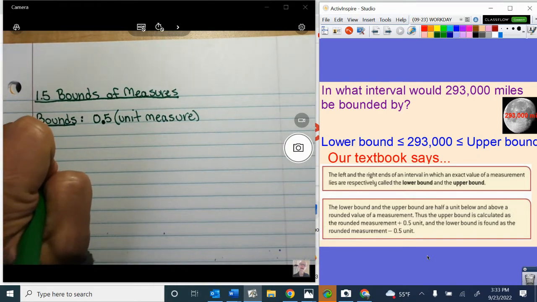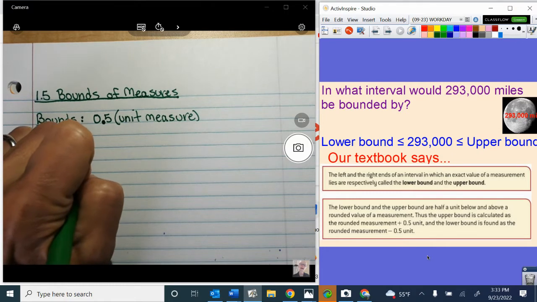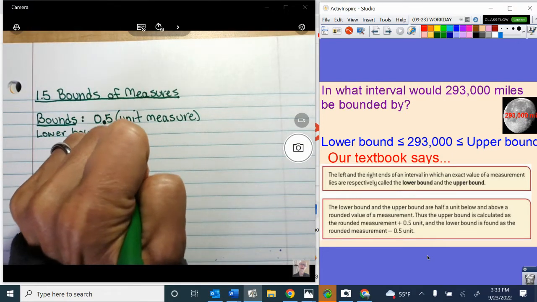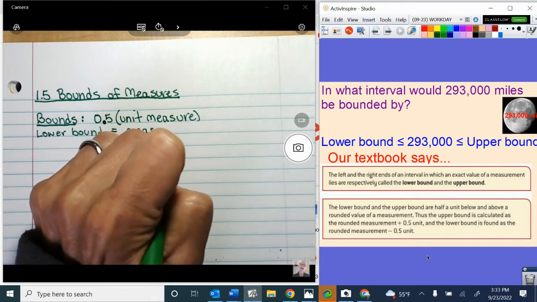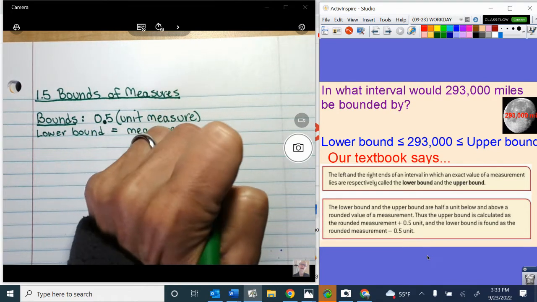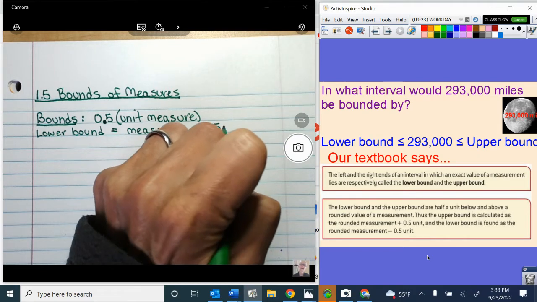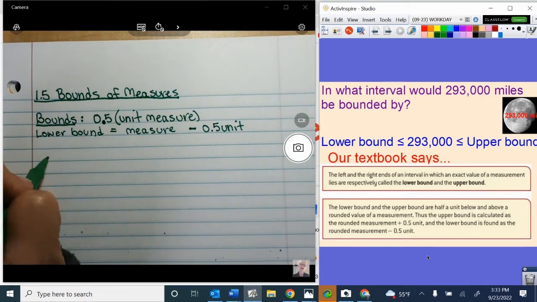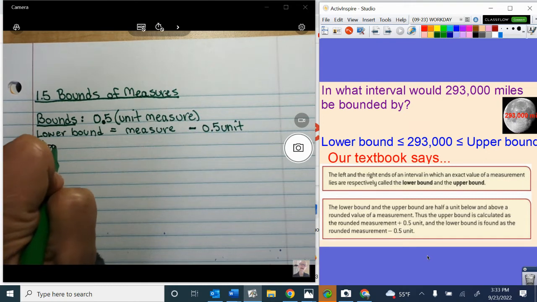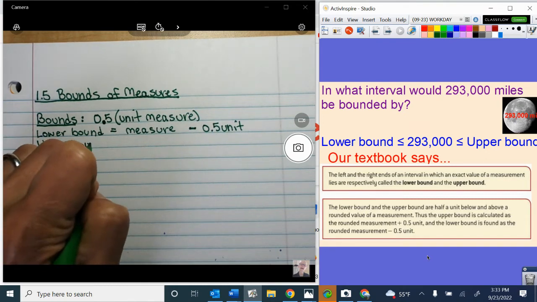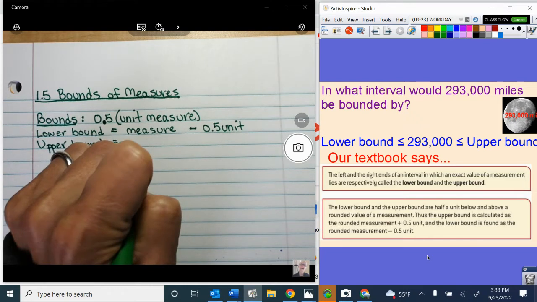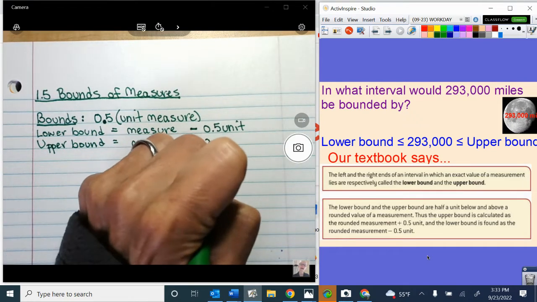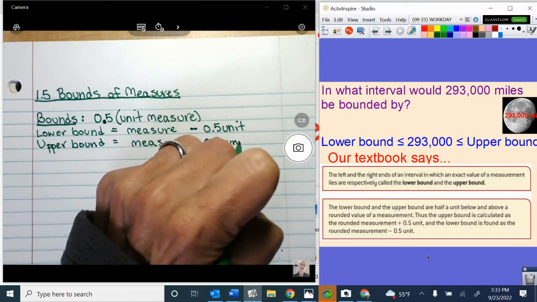Then to get the lower bound, we take the measure and subtract half the unit. And then similarly, to get the upper bound, you take the measure and add half a unit.